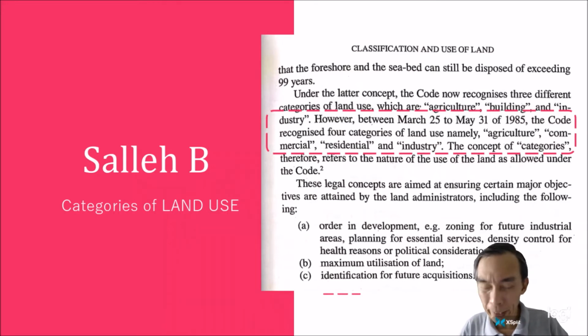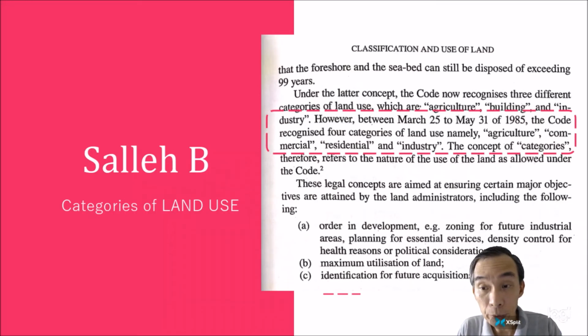And this can become an issue when you are selling or dealing with the property. As in other topics I have done, when you are selling residential homes, it is exempted from real property gains tax.